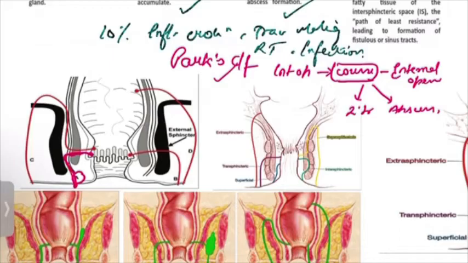So we see that the course of this fistula is through the intersphincteric space, so this is known as the intersphincteric fistula, okay.